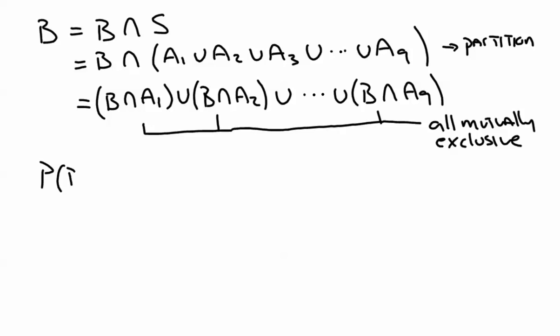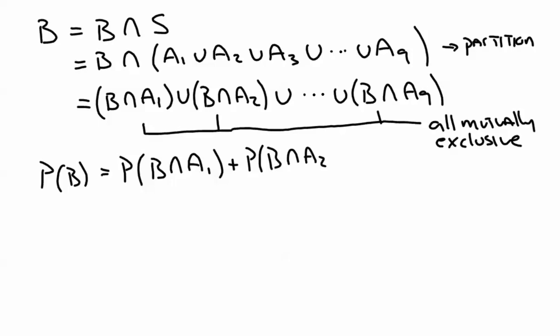The probability of B is going to be the probability of B intersect A1 plus probability B intersect A2, etc. This is by application of the third axiom of probability, which tells me that the probability of the union of mutually exclusive events is the summation of the probabilities of each of those events.